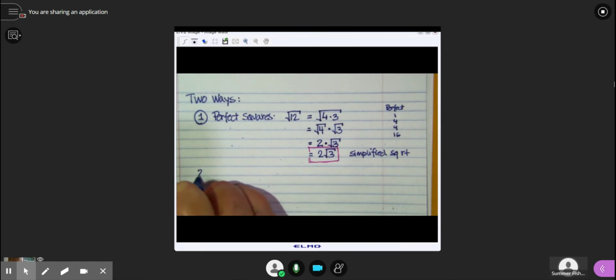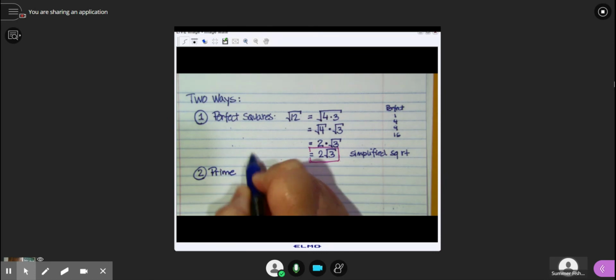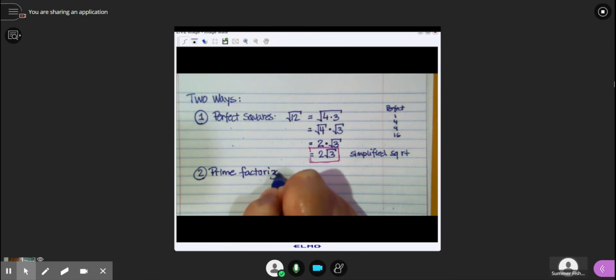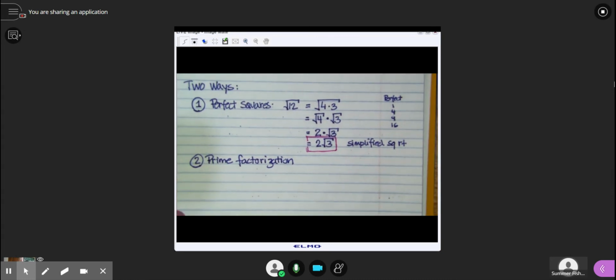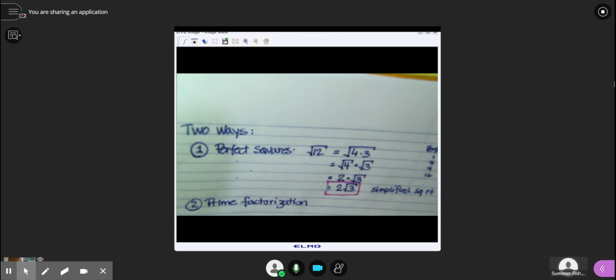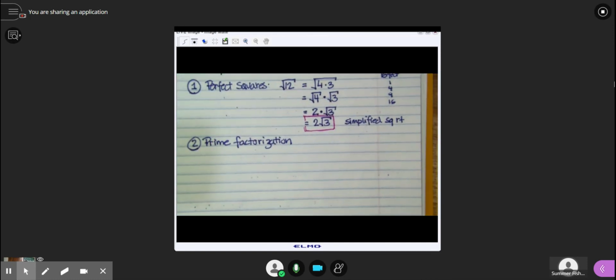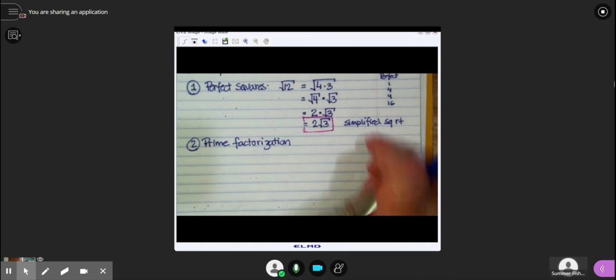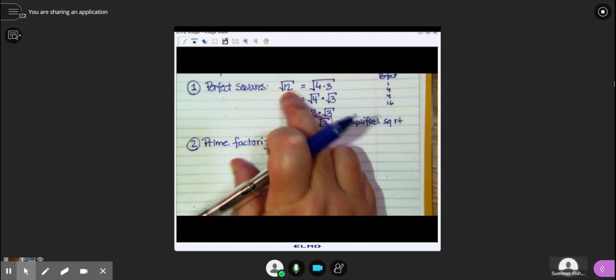The second way is to use the prime factorization. This is my favorite method because once you have it down, it works no matter what is in the radicand. Like I don't have to guess and check which numbers go in evenly.